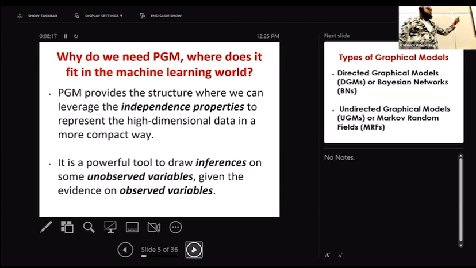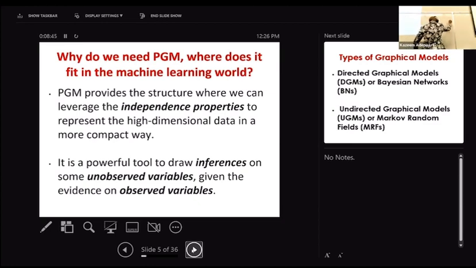Let me tell you what we always want to do. We actually want to make a decision. We want to make an inference on something that you did not observe based on what you observed. I'm going to say that again. Maybe I go into my grandpa's house and I saw a picture, and that very picture is noisy.